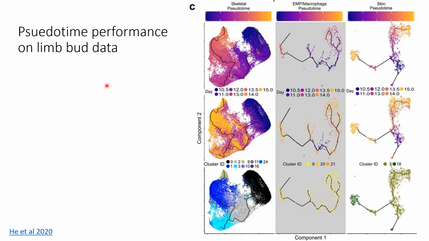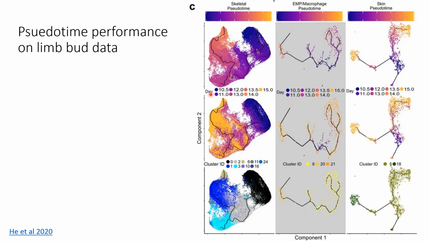And one of the sub-experiments they did was take samples from different embryonic stages of the limb development. So within the limb, they chopped off the developing arm of the mouse and then separated the tissue into the skin, the immune cells, and the kind of like whatever else was left.